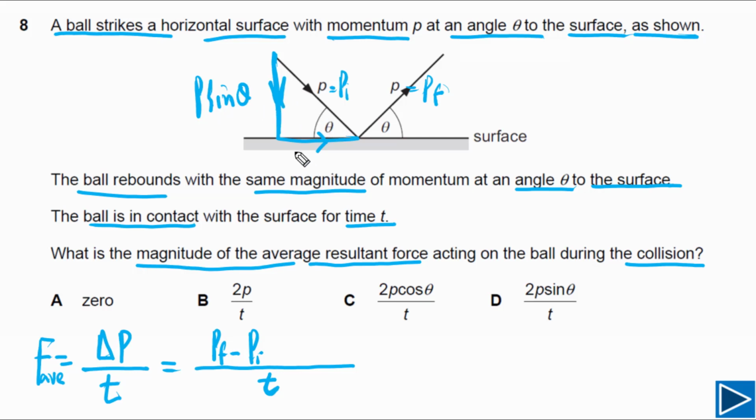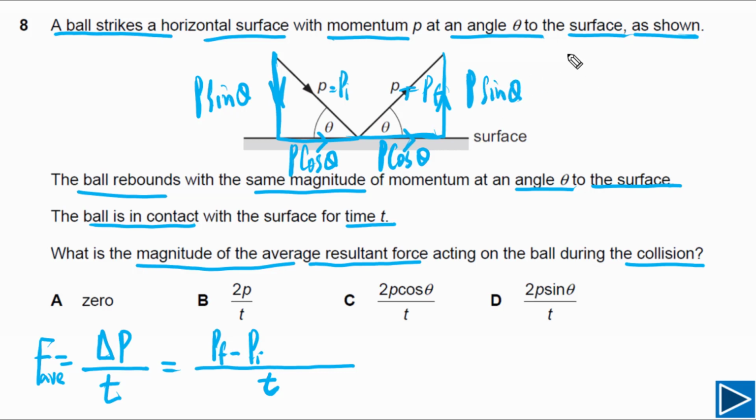And with the angle, this is P cosine theta. The same we need to repeat for the final momentum. We can resolve this one into its components: this is the horizontal component and this is the vertical component. The horizontal component is again P cosine theta, and the vertical component is P sine theta.